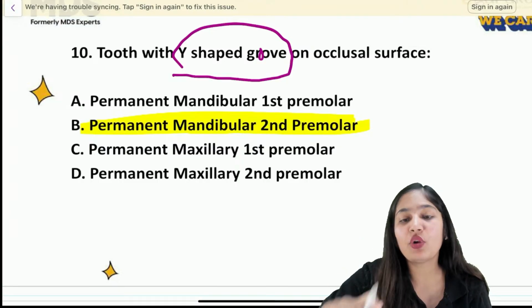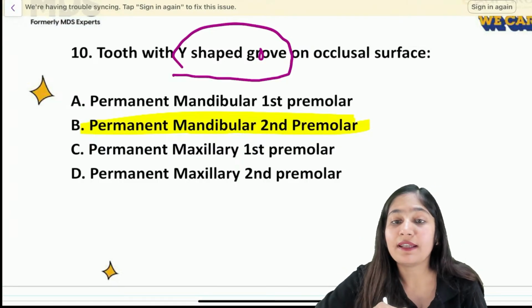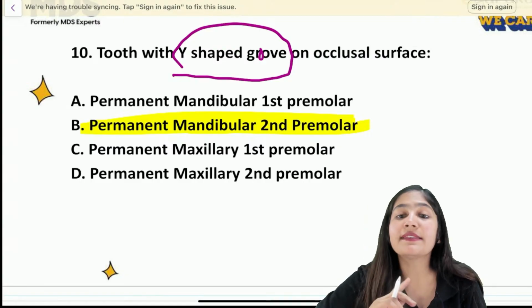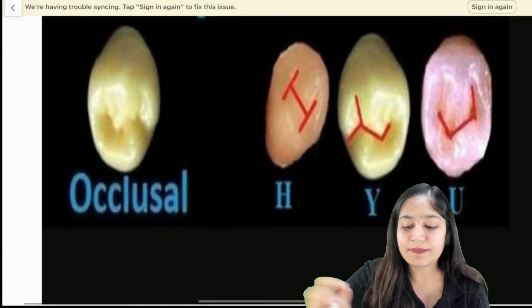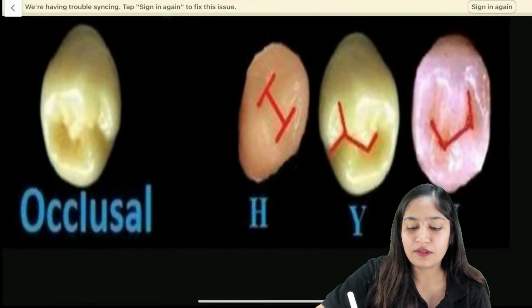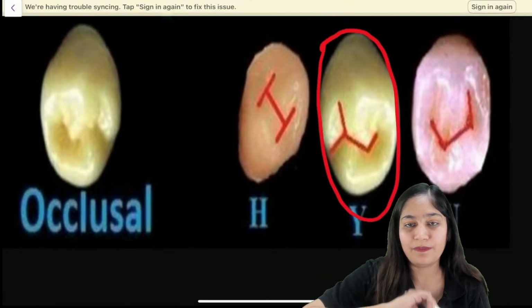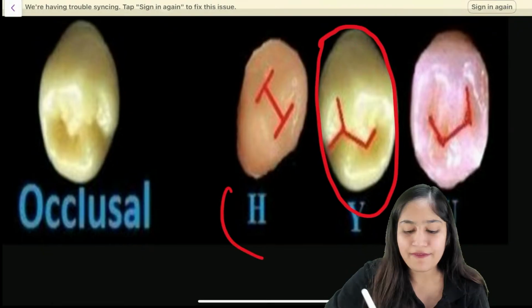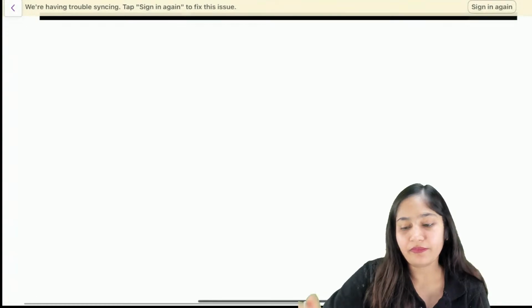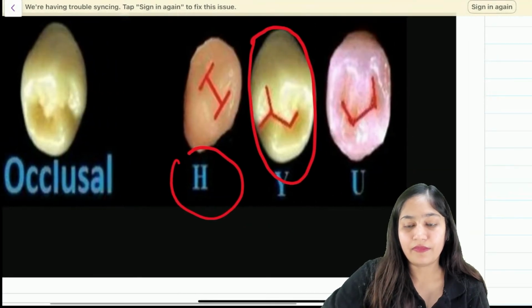Because this premolar has 2 patterns. It has 3 cusp pattern or it has 2 cusp pattern. So in case of 3 cusp pattern, we have Y groove. While in case of 2 cusp pattern, we will be having H and U groove.